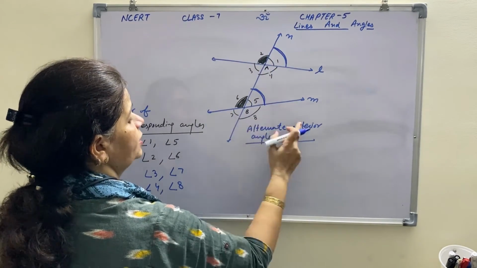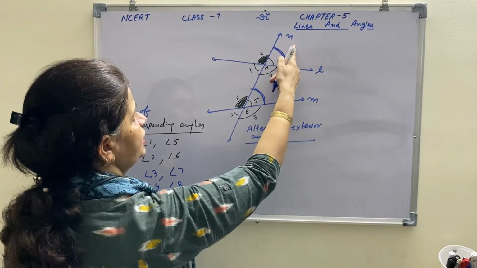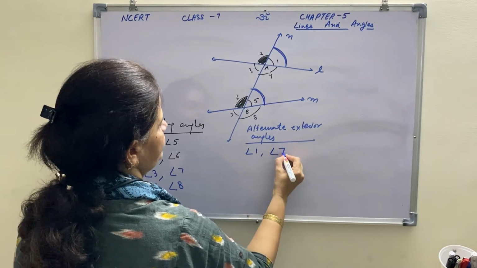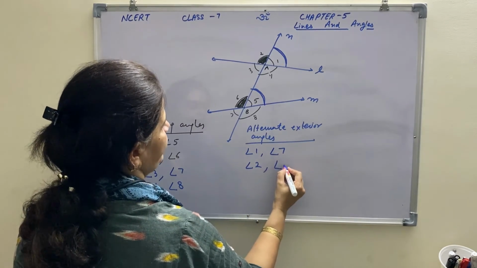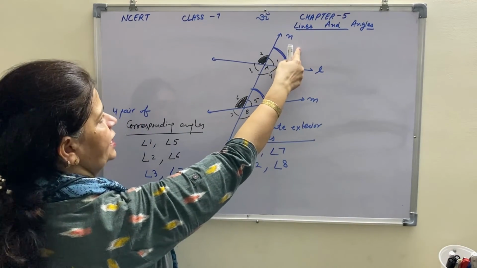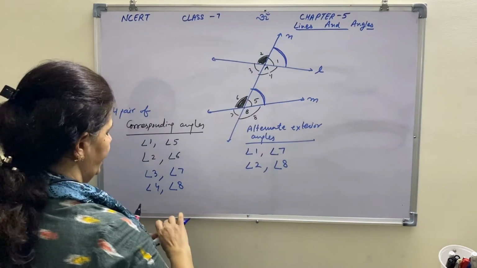So alternate means 2 pairs are alternate exterior angles. One pair of alternate exterior angles is 1 and 7 and the second pair is 2 and 8.